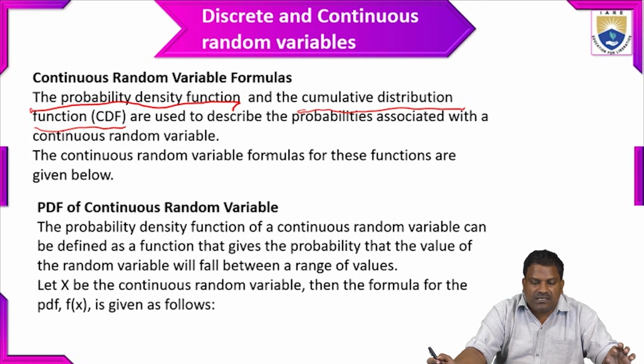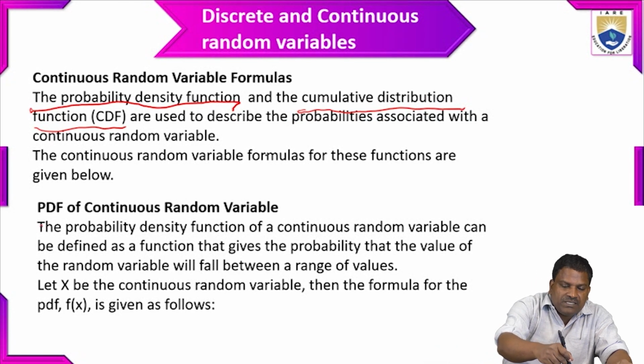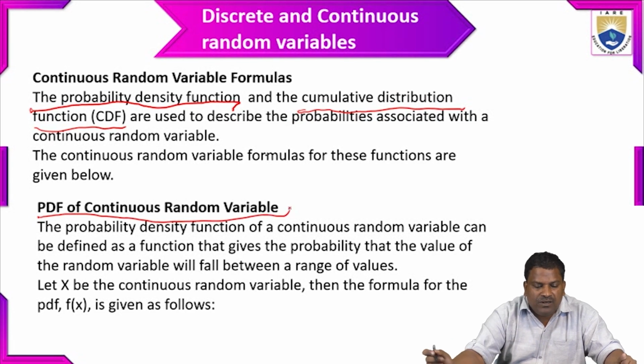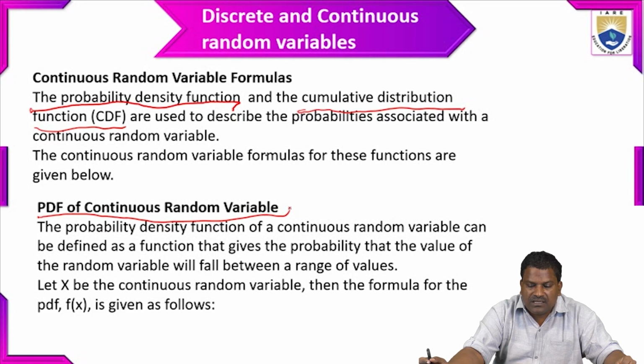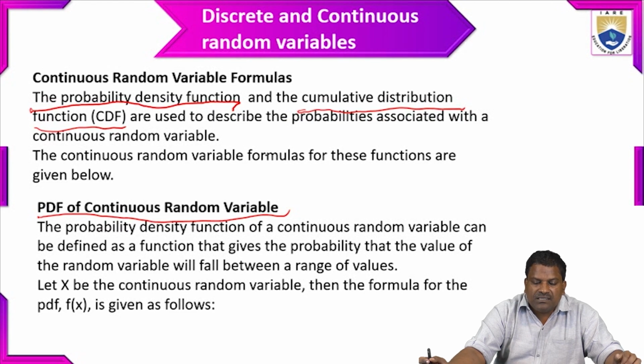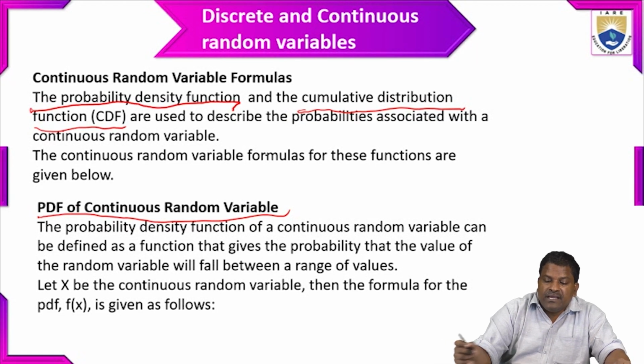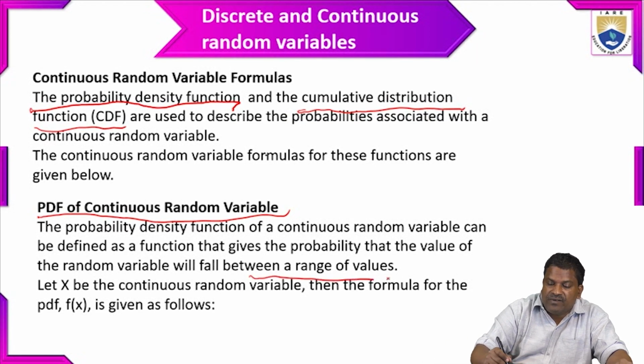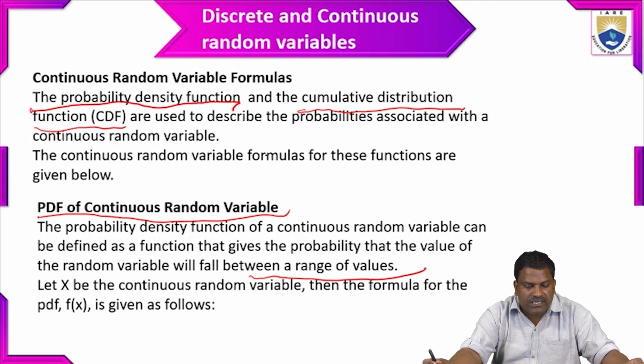The continuous random variable formulae for these functions, let us discuss. The probability density function of a continuous random variable can be defined as a function that gives the probability that the value of the random variable will fall between a range of values.